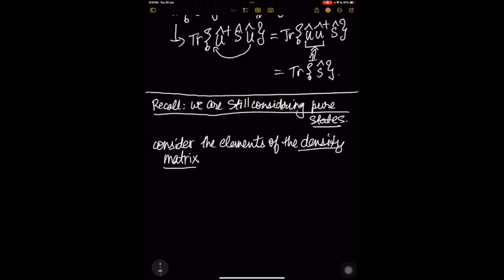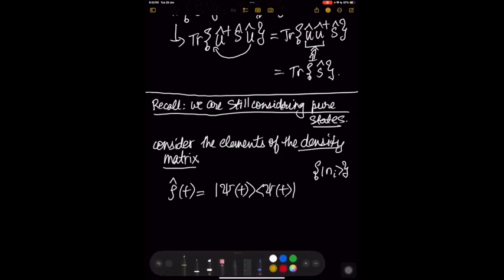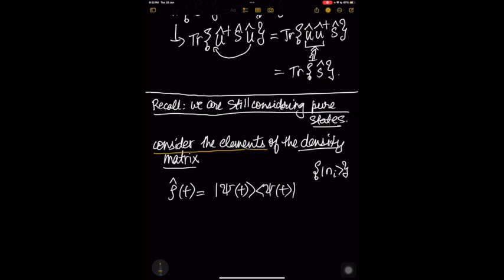Let's just use the basis n sub I. So rho hat of t is equal to ket psi of t, bra psi of t. The motivation behind considering the elements of the density matrix is that I want to give you guys a physical picture of what the diagonal and off diagonal terms mean.